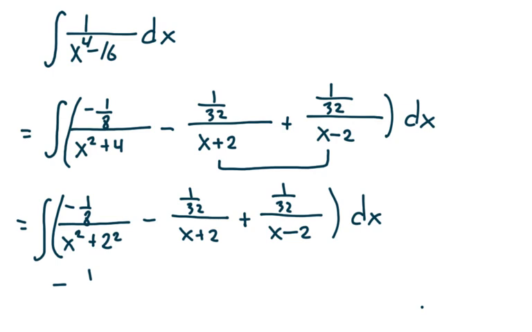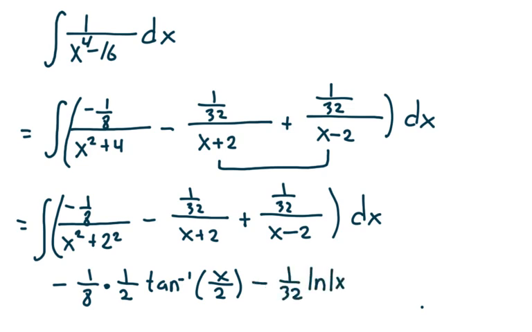And so this is minus 1/8 times 1/2 arctangent of x over 2, minus 1 over 32 natural log of the absolute value of x plus 2, plus 1 over 32 natural log of the absolute value of x minus 2, plus C. But negative 1/8 times a half is minus 1/16.